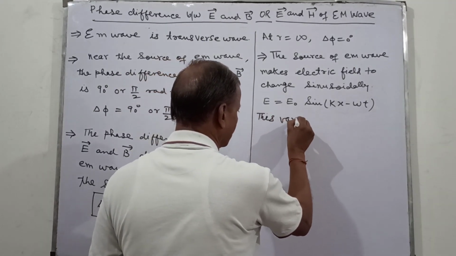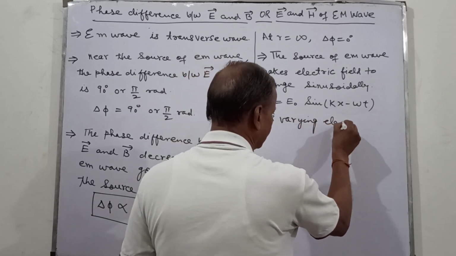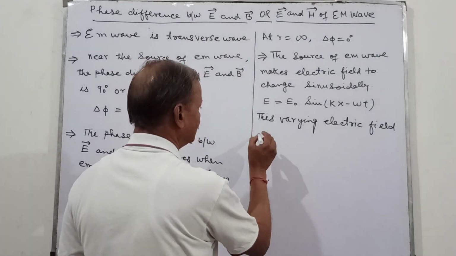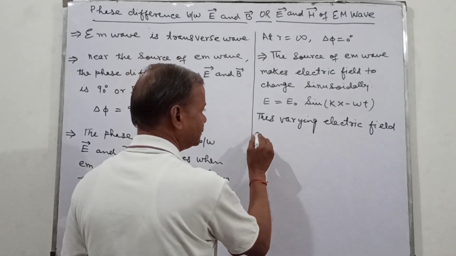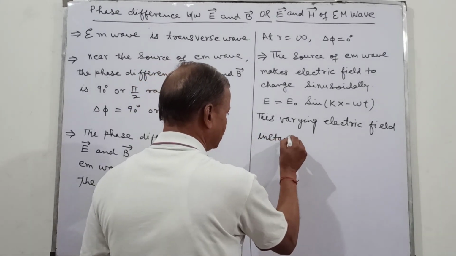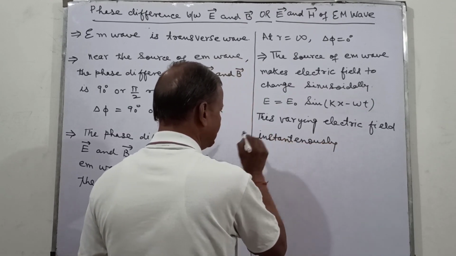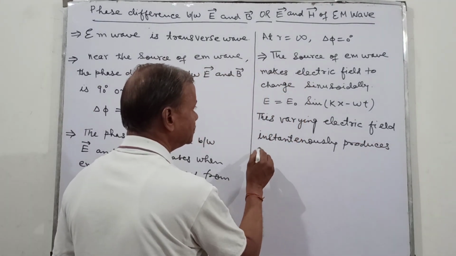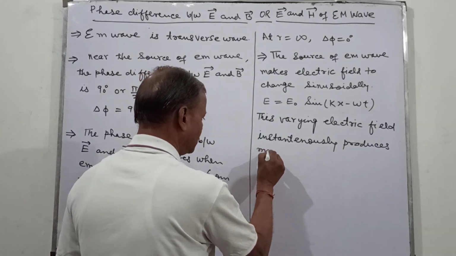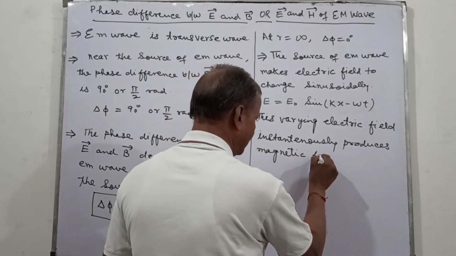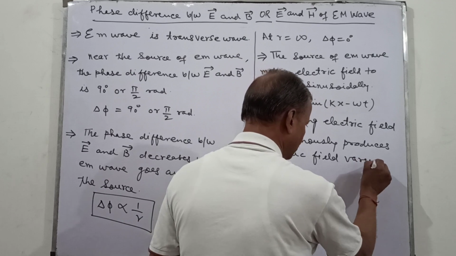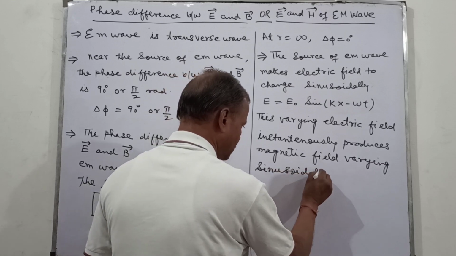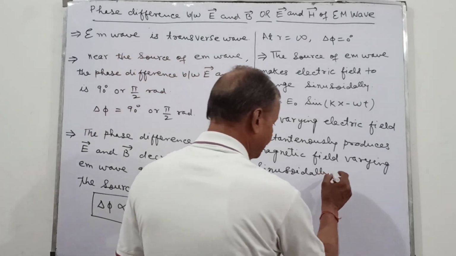This varying electric field instantaneously produces a magnetic field, varying sinusoidally with phase delay.